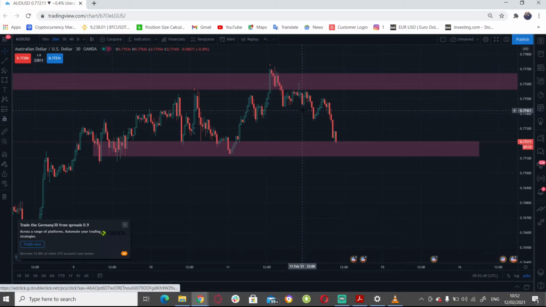With all the analysis that you could have, if you don't have the psychology, it's pointless, because you're going to see price going in your direction a lot of times, but at the same time, you're going to see it go against you a lot of times.